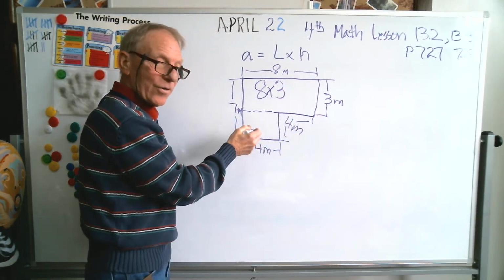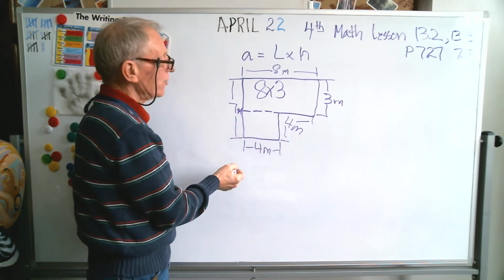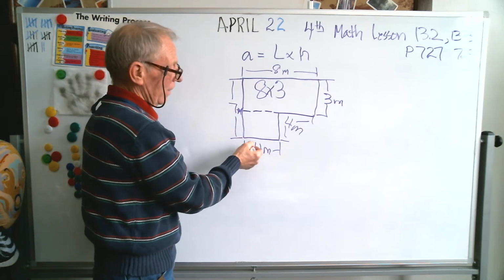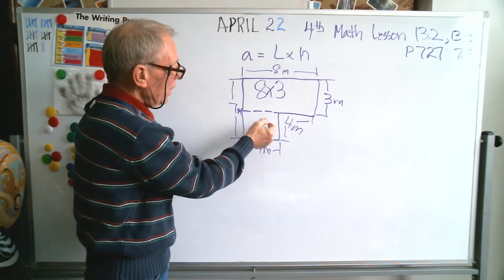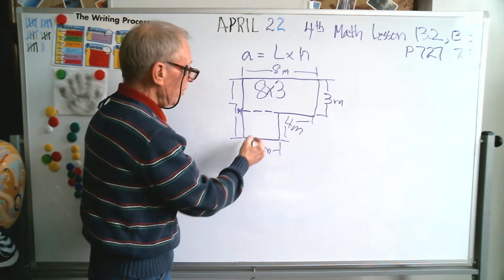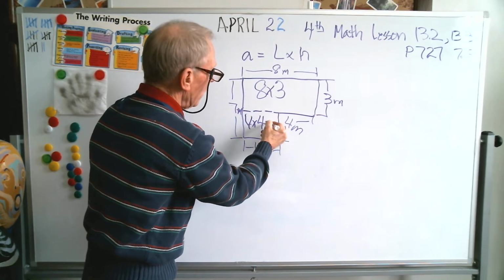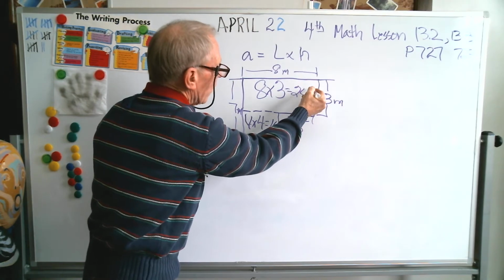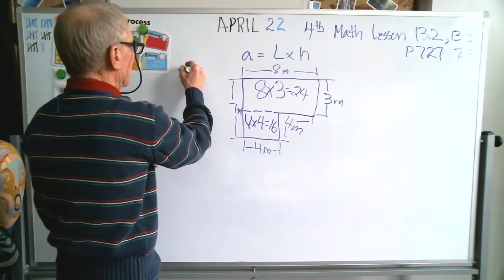And down here, the square, well, we know it's 4 meters here and 4 meters here. 4 meters plus 4 meters equals the 8 meters, so you know that all the sides of this are 4 meters. So this is going to be 4 times 4, and that's going to equal 16, and that's going to equal 24.